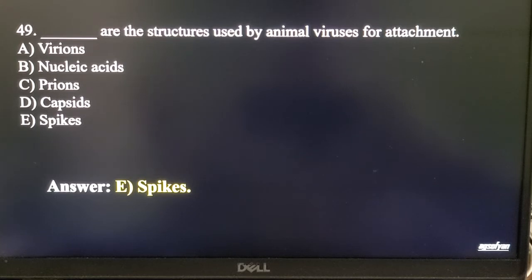Spikes are the attachment structure for animal viruses, the viruses that attack animals, causing disease in animals including humans. Compared to bacteria, the bacterial attachment structure is called fimbriae. Remember that: fimbriae for bacteria, spikes for viruses.